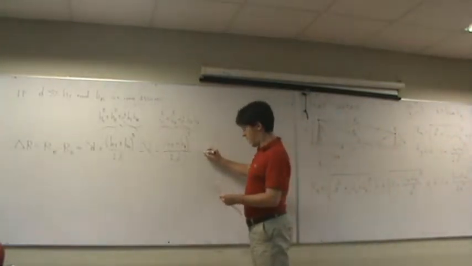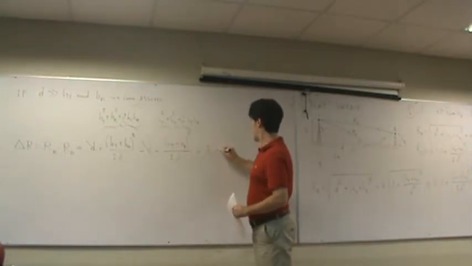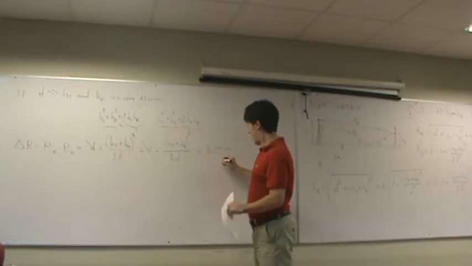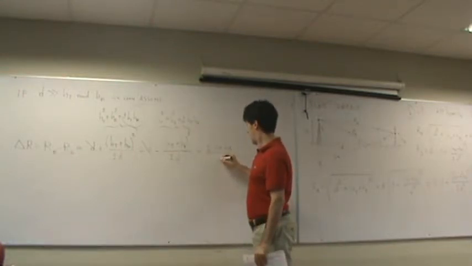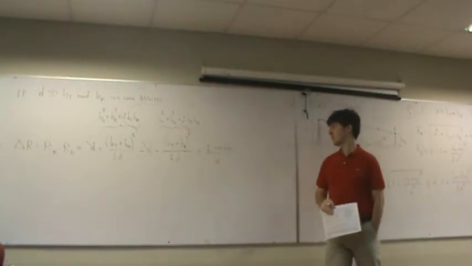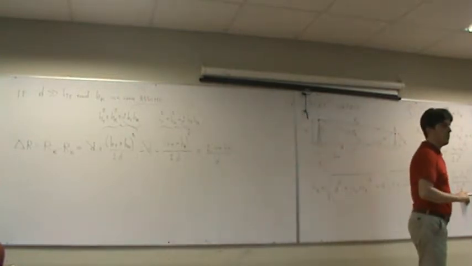And so this thing is 2 ht hr divided by d. The difference in path length has got that expression.